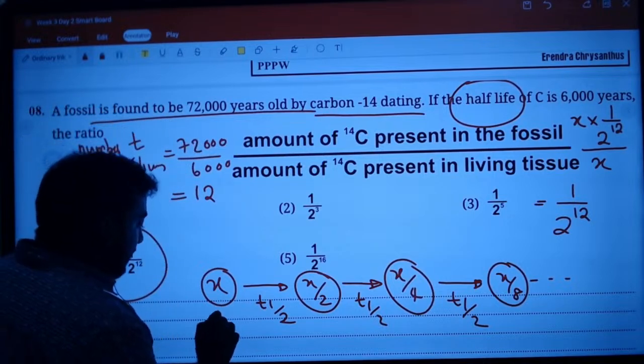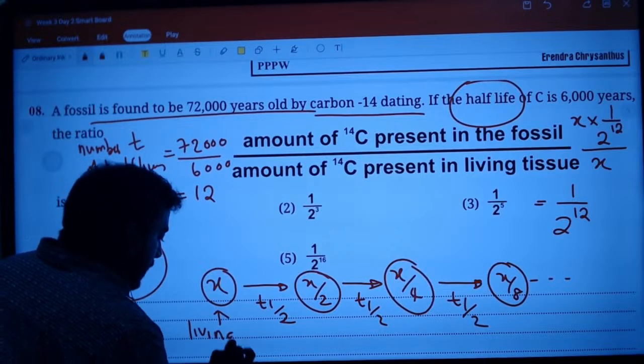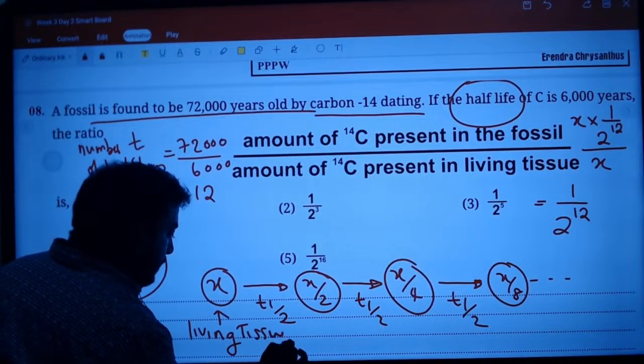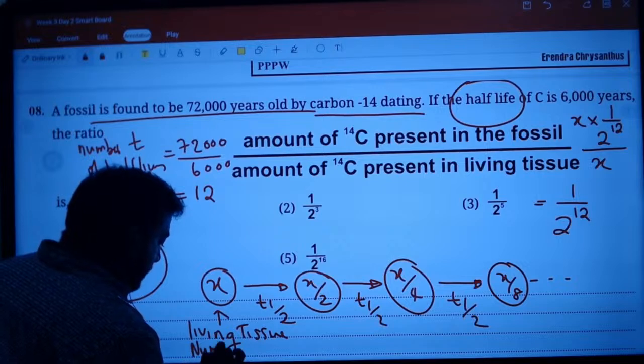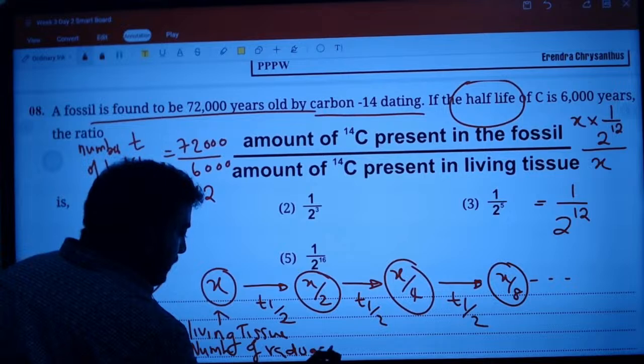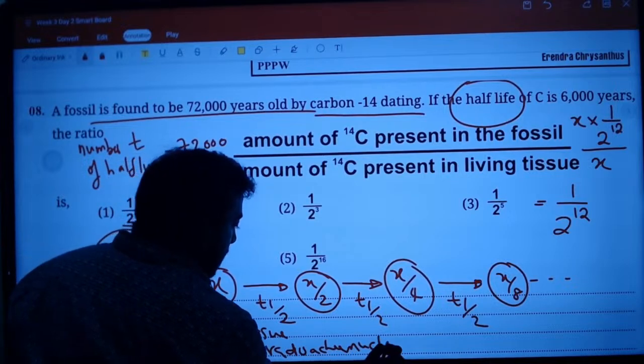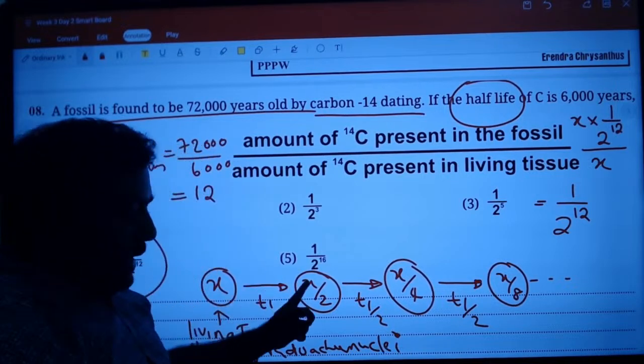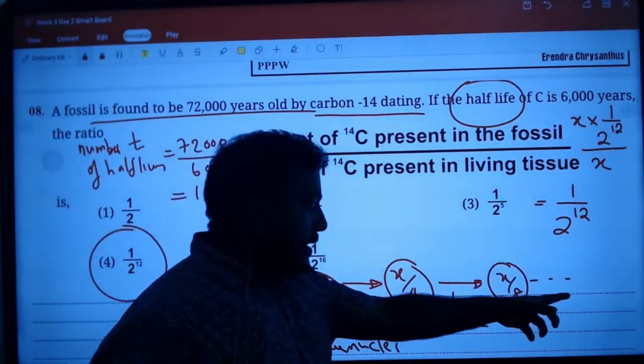So this is your living tissue. Number of radioactive nuclei. Now the radioactive nuclei keep reducing.